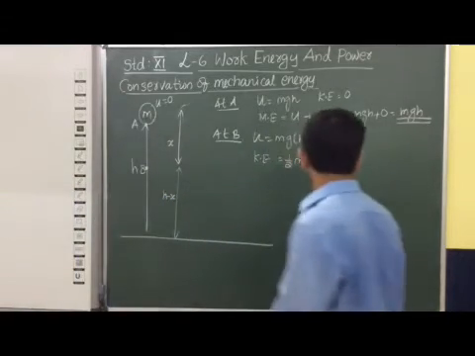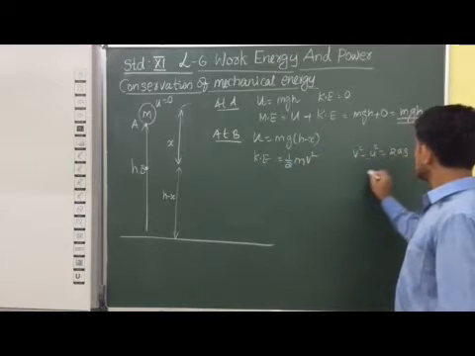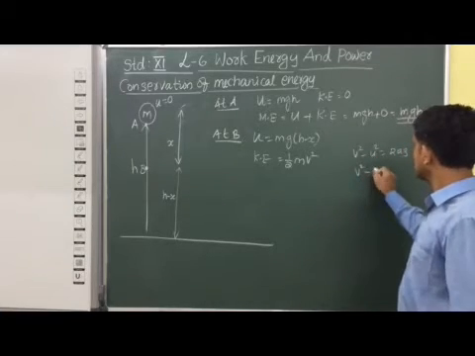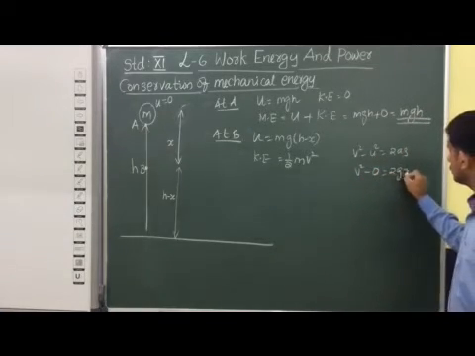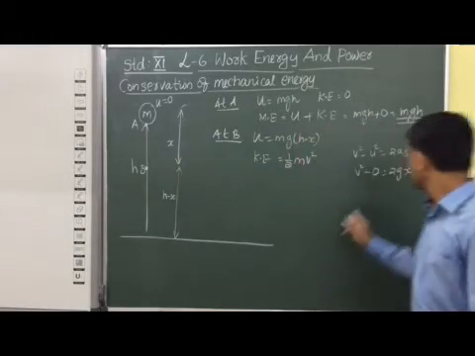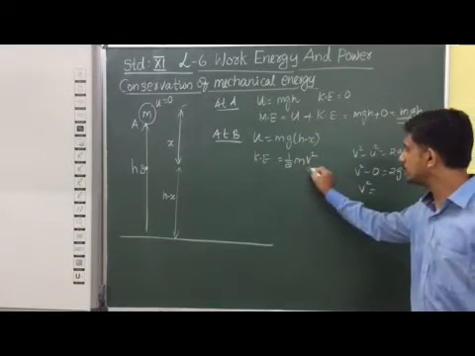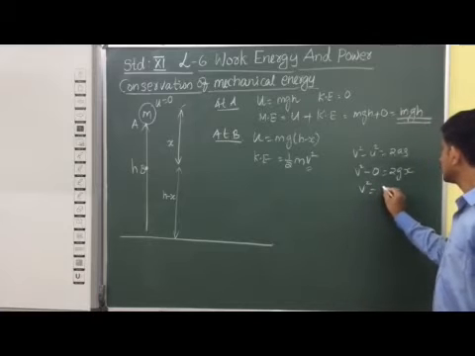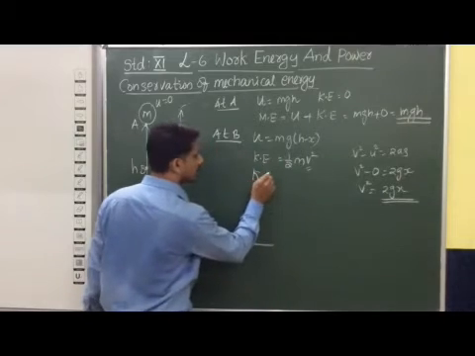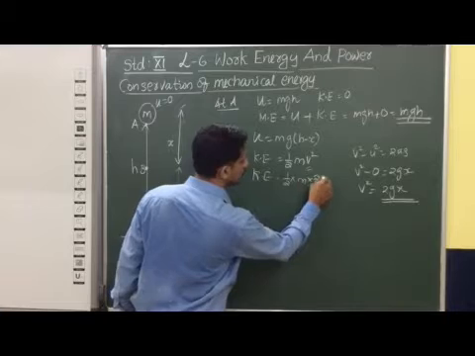Using v square minus u square is equal to 2as, and u is 0, we get v square is equal to 2gx, since the distance now is x. So the kinetic energy is half into m into 2gx.